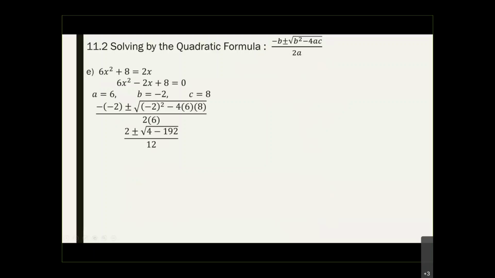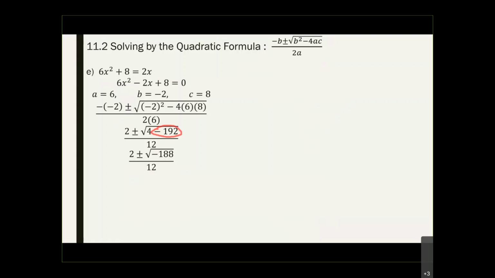And again, hopefully you recognize, the reason why I say hopefully you recognize is because right here, everybody see a smaller number minus a bigger number. And again, a smaller number minus a bigger number, there will be a negative number. And if there's a negative number in here, you should know that your answer should have an i in it, right?